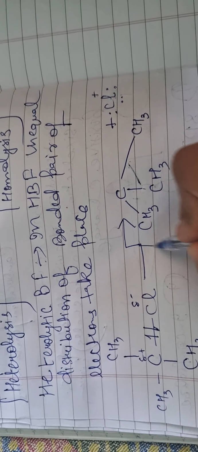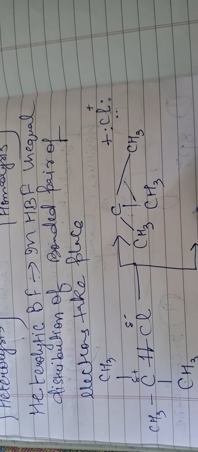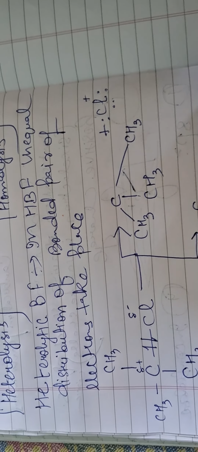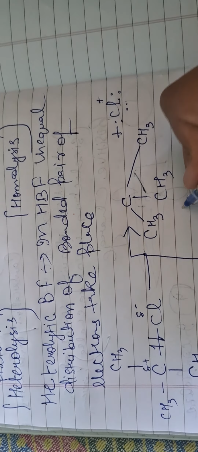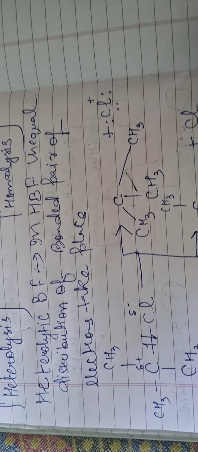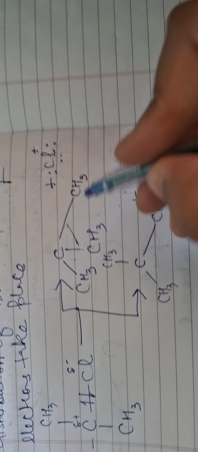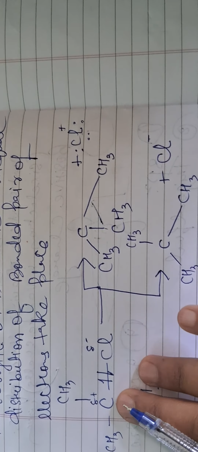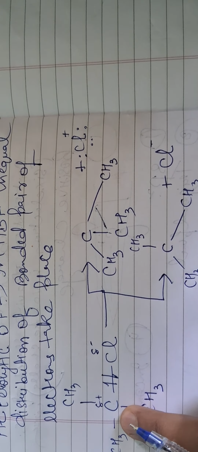Another possibility is like this. What we have to do here is unequally distribute the electrons. Let me show you. For example, we know these are two shared electrons, shared by both carbon and chlorine.